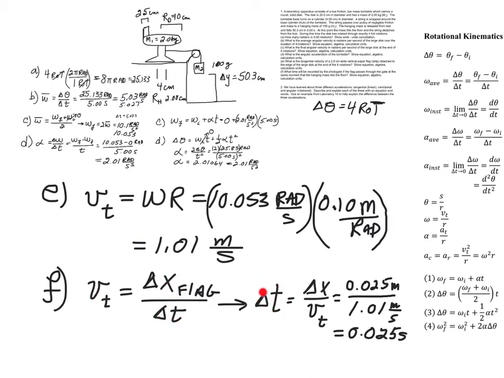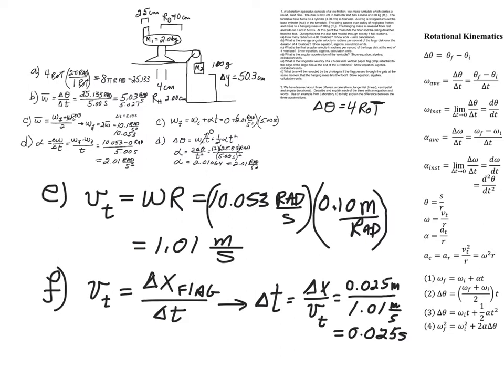Here we're going to use it to get the time. So the delta x is the width of the flag in meters. The tangential velocity at which the flag goes through is the 1.00 meters per second. If I cancel the meters, which I didn't do, you end up with about 0.025 seconds or 0.0249 seconds, depending on the number of digits you keep.